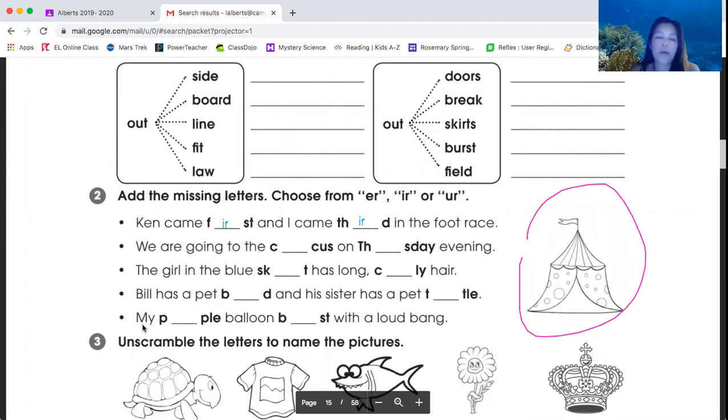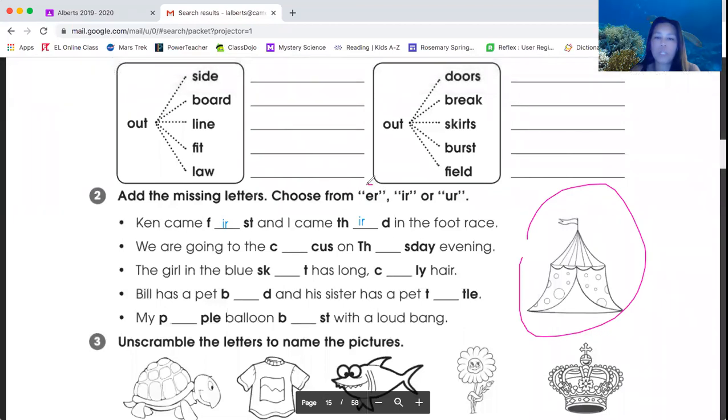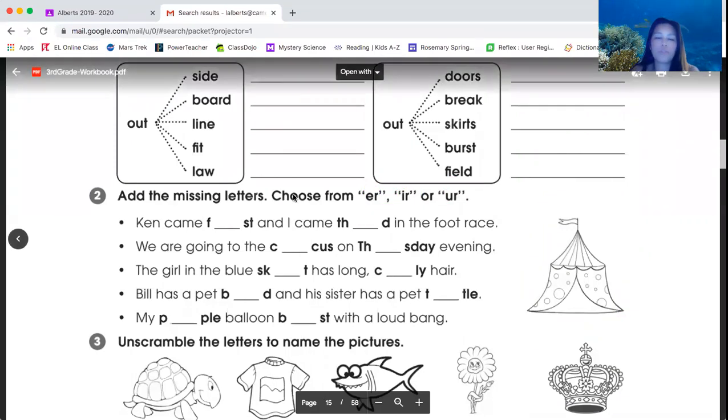The last one says, my blank balloon blank with a loud bang. So remember, if you get stuck on any of them, plug in the letters ER, IR, or UR, and see which one is the best fit, because it will spell the word correctly. Okay, let's keep moving down.